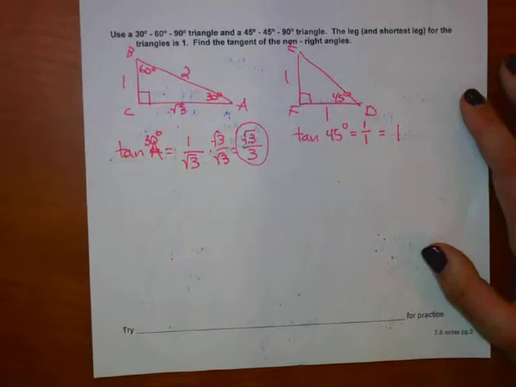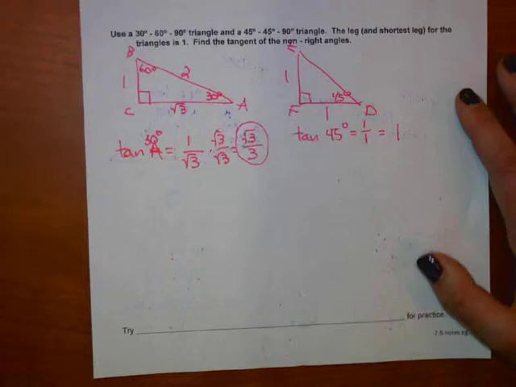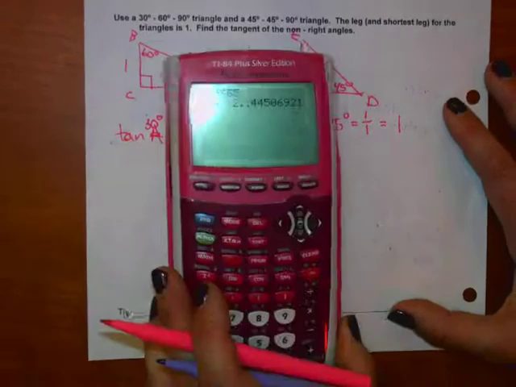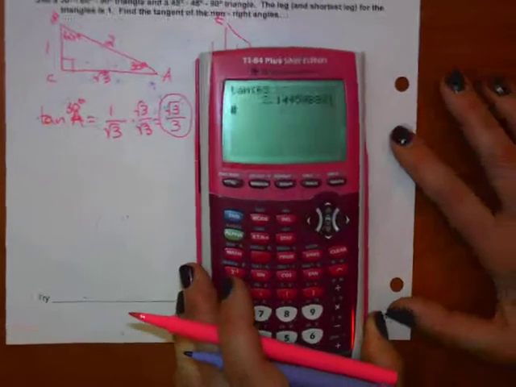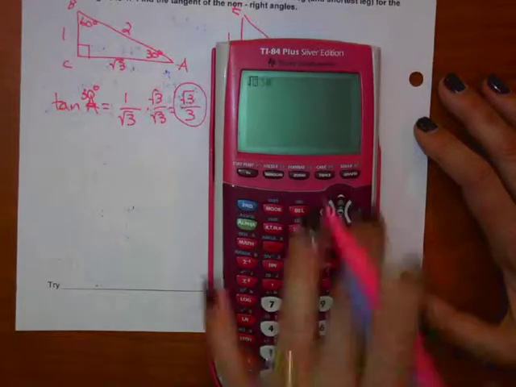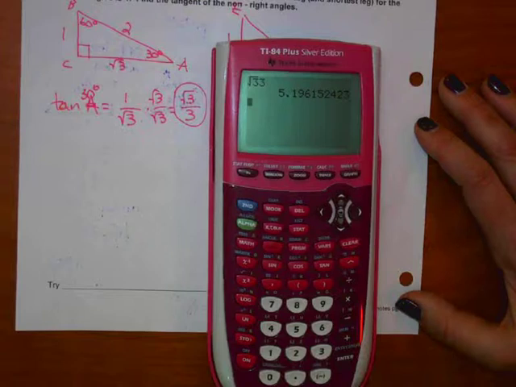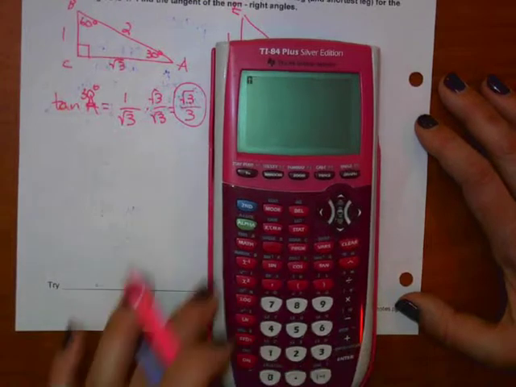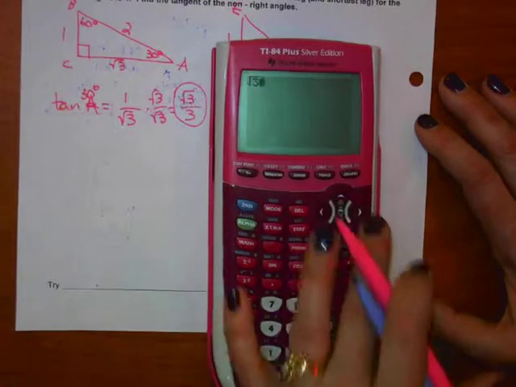Now what I do want you to do is get your calculator, and I want you to just do the square root of 3 divided by 3. Write that down.